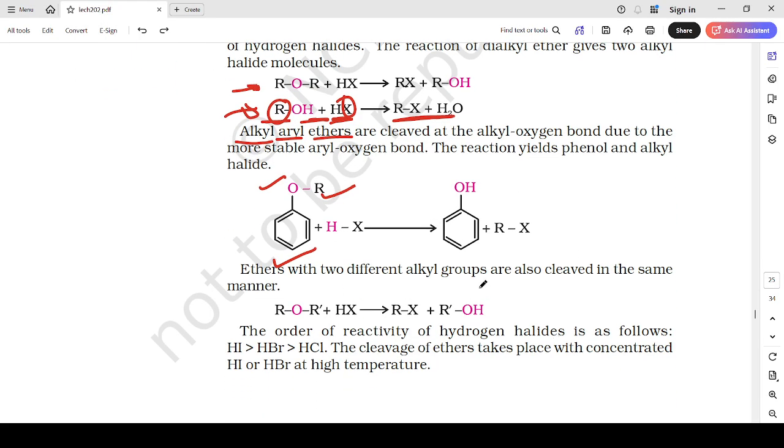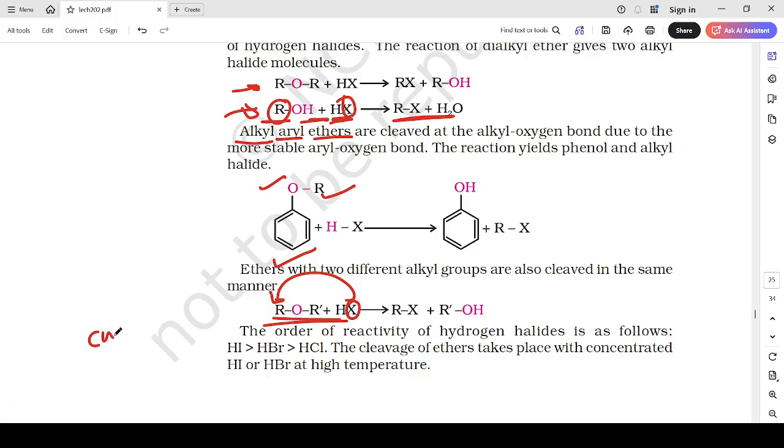Ethers with two different alkyl groups are also cleaved in the same manner. ROR with HX is there. So I have RX and R-OH. If I have the possibility of forming a more stable carbonium, in that case, that X will go and join with that R only.